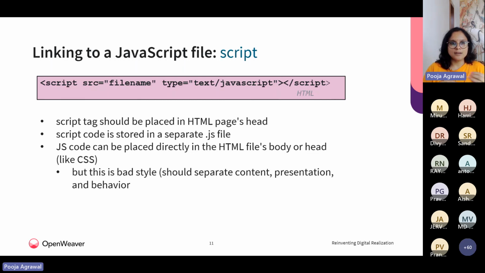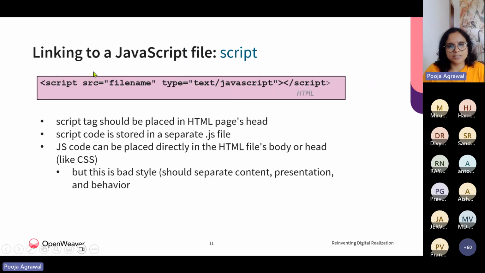You simply, as mentioned earlier, use the script tag. This is how you mention the file name that you want it to have, and then the type, let's say a simple JavaScript text type file.